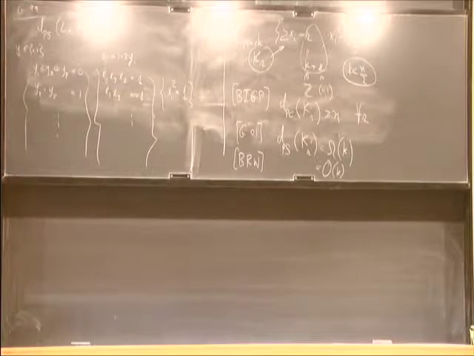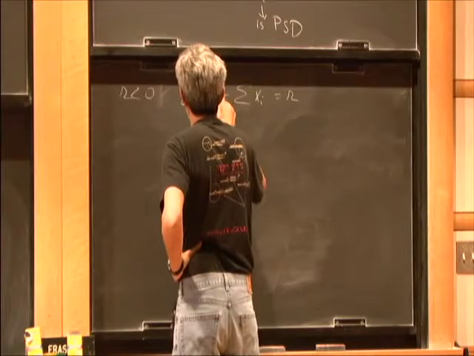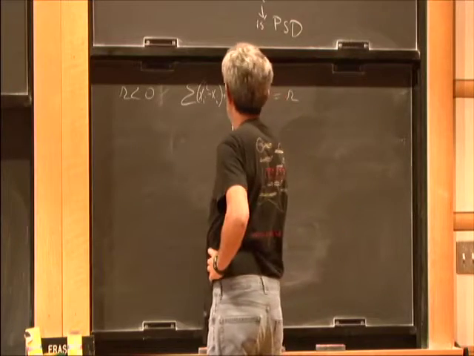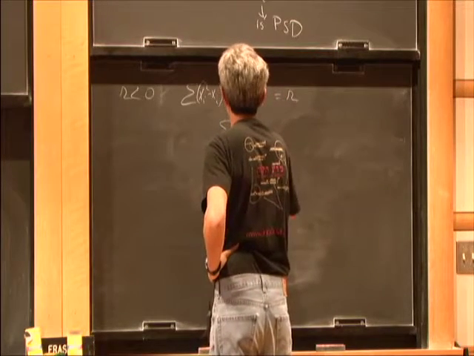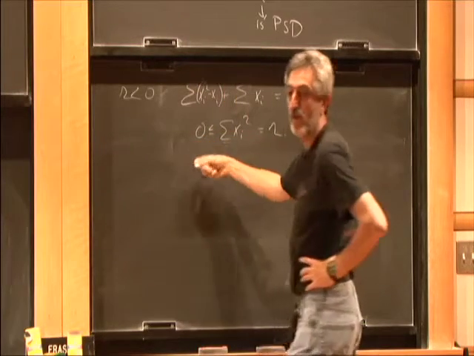So we already have this sum of x_i equals r. That's an axiom, right? And let's add to it the other axioms directly. That's also an axiom. So what do we get here? We get that the sum of x_i squared equals r, but this is non-negative.